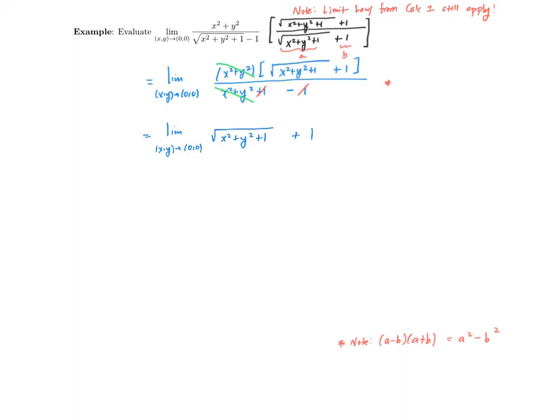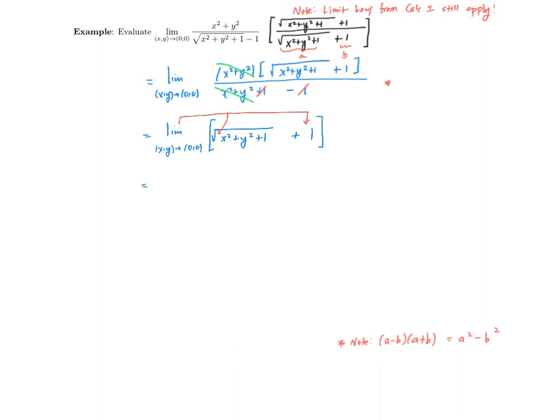And this is the point where we can use ideas from Calculus 1. Something we've seen over and over again is that we can take a limit and we can break it up over addition and subtraction. So we could take a limit of the first term plus the limit of the second term. And even more so, we can go ahead and move that limit inside the square root.